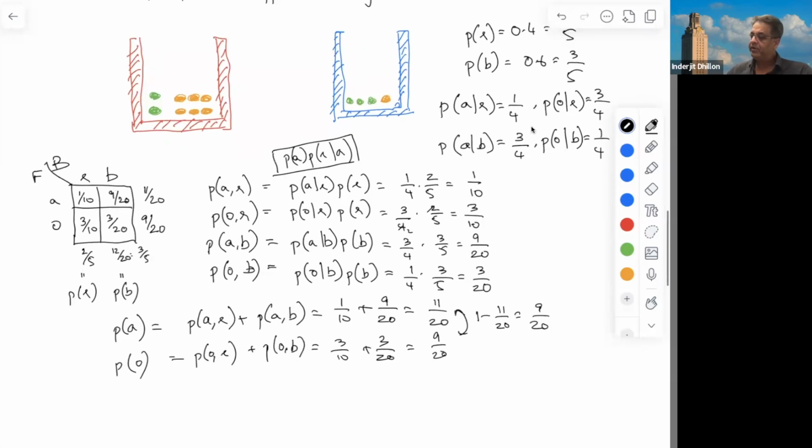What about this thing that we were talking about? Suppose you observe that you have picked an orange. What is the probability that you will pick a red box given orange? Again, we can apply Bayes rule.